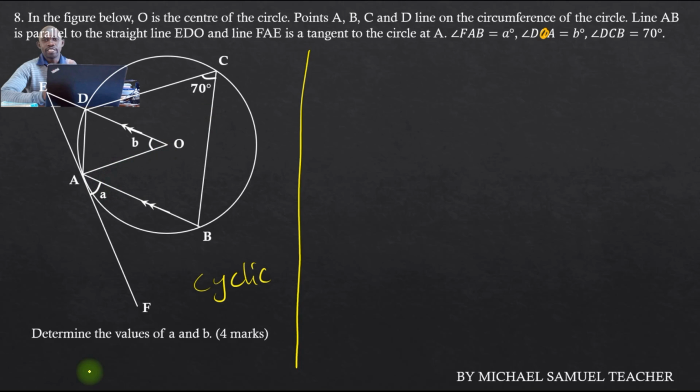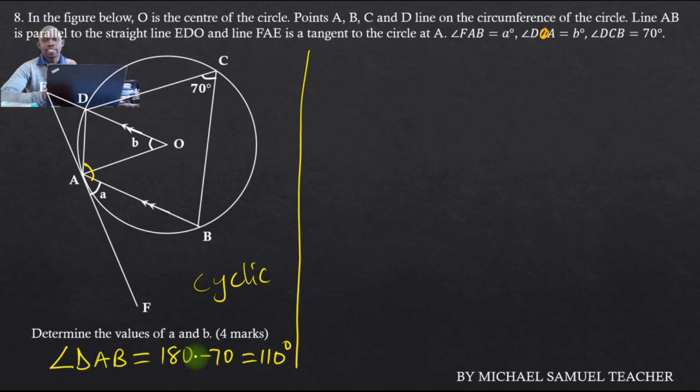So we can get angle DAB, which will be 180 minus 70. We get 110 degrees. That is angle DAB, all of this angle. The reason is opposite angles in a cyclic quadrilateral are supplementary or add up to 180 degrees.